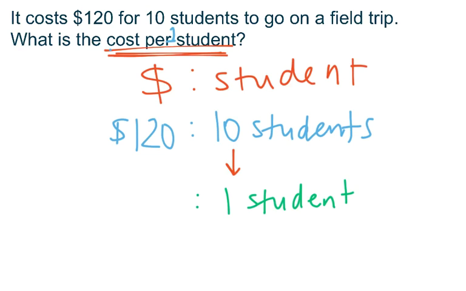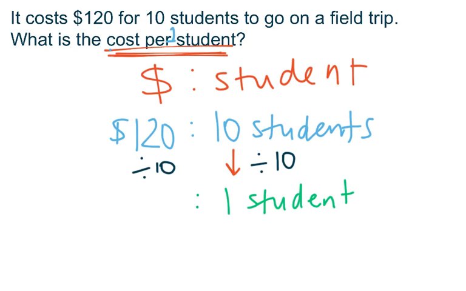Remember, when we're finding equivalent ratios, we're using either multiplication or division. Because we're going from a bigger number to a smaller number, we are going to use division. So we're going to divide by 10. This is similar to equivalent fractions, equivalent ratios. Remember, whatever we do to one side of the ratio, we have to do to the other side of the ratio. So if we're dividing by 10 on the right-hand side, we need to divide by 10 on the left-hand side.